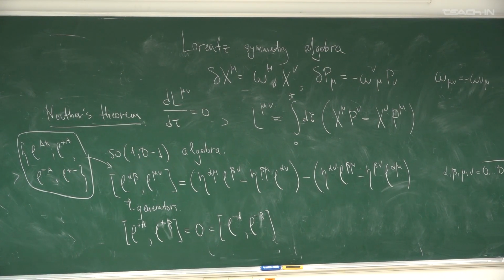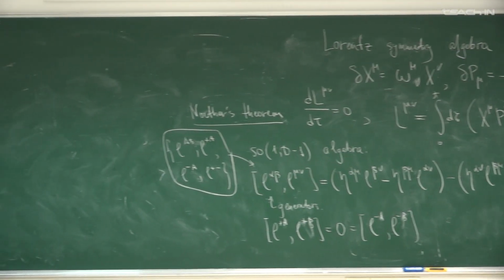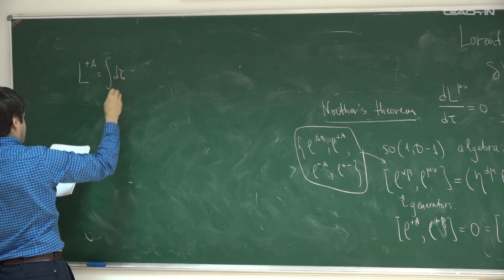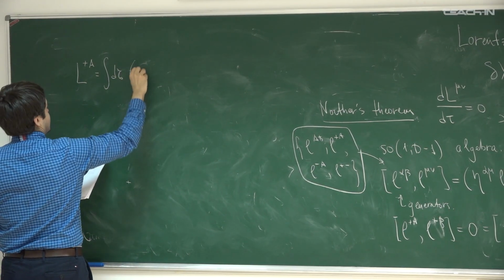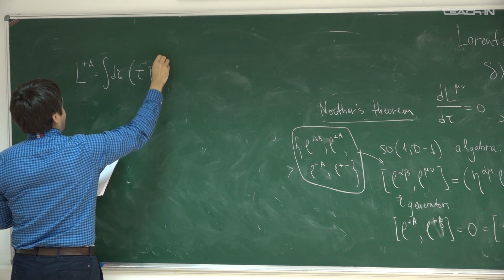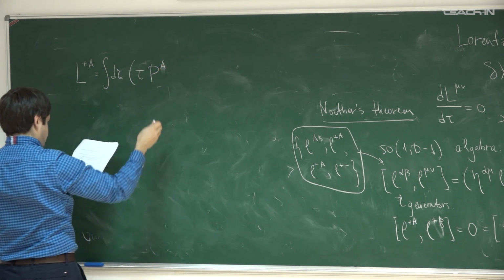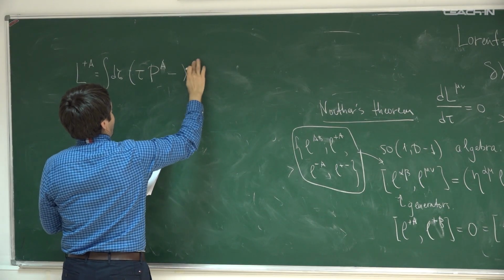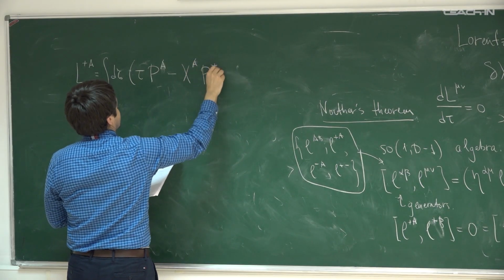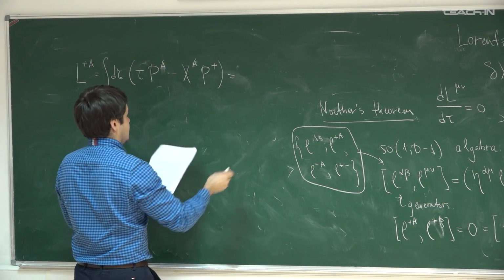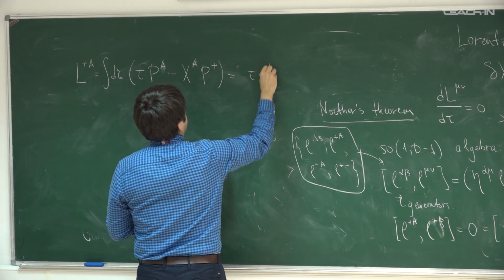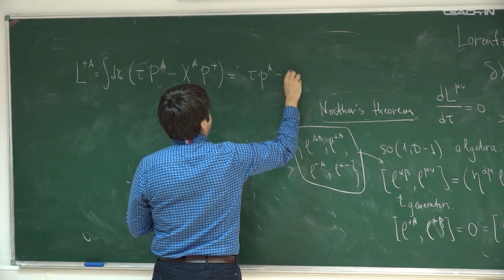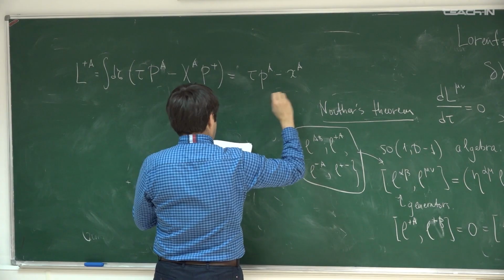For example, L plus A is the integral over sigma of tau, P A minus X A P plus.